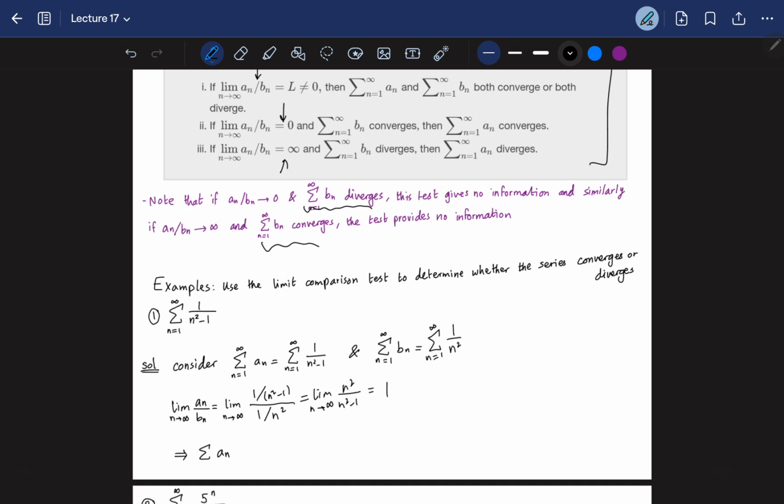Now since this limit is not equal to 0, and using the first part of the theorem, and I already know that this summation is convergent, then the summation of an, which is the summation of 1 over n squared minus 1, also converges by the limit comparison test.